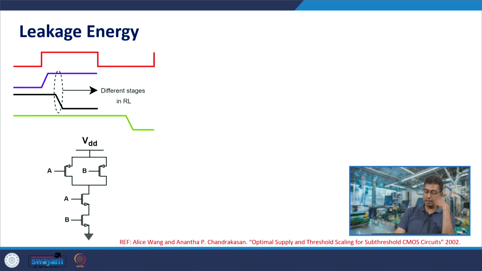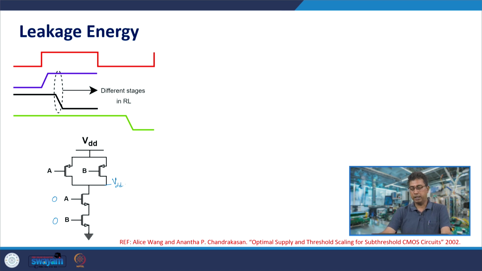Now, let us discuss leakage energy. What do we mean by this? In the logic path that we had seen, if we want to measure the leakage energy per cycle, every gate would have a different value of leakage energy. Suppose you are looking at this NAND gate. When A and B are off, or both 0, the output is VDD.